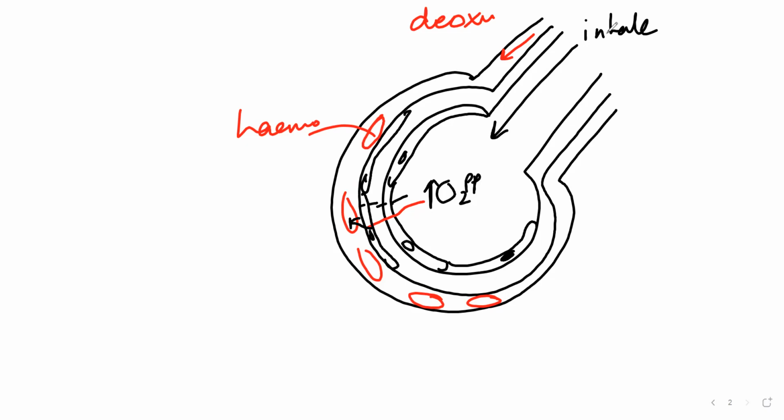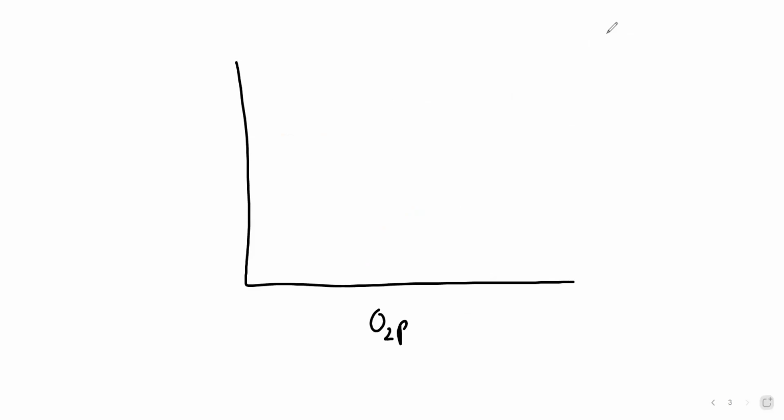So we can say that hemoglobin saturation takes place inside the lungs, where the oxygen partial pressure is high. And theoretically, we have proved that if we keep on increasing the oxygen partial pressure, for example on the x-axis, and look at the hemoglobin saturation on the y-axis, you will see that the hemoglobin molecule gets saturated as you increase the oxygen partial pressure.